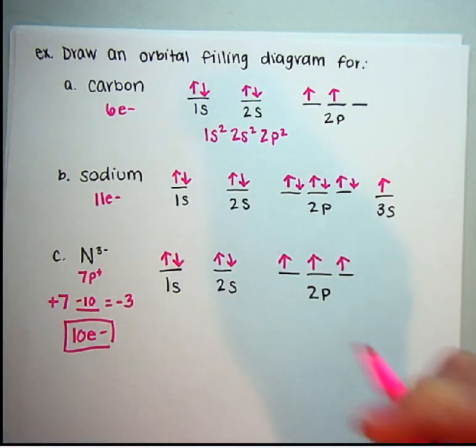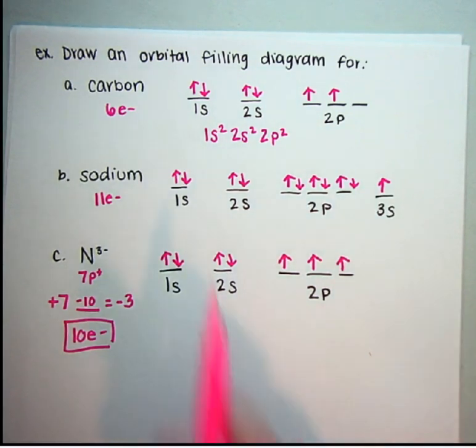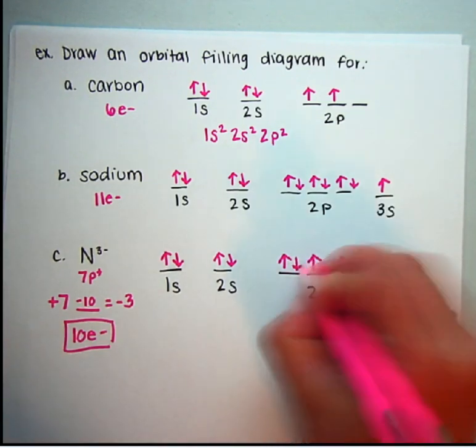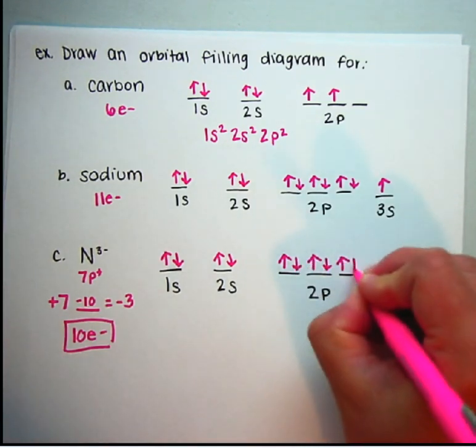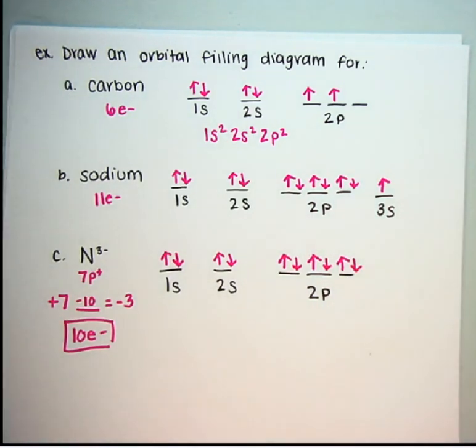Once they're filled, then we can go back and pair. So far I've placed 1, 2, 3, 4, 5, 6, 7, 8, 9, 10. So drawing an electron configuration or an orbital filling diagram for an ion is exactly the same as an atom. The only thing that is different is you need to calculate the correct number of electrons to draw.